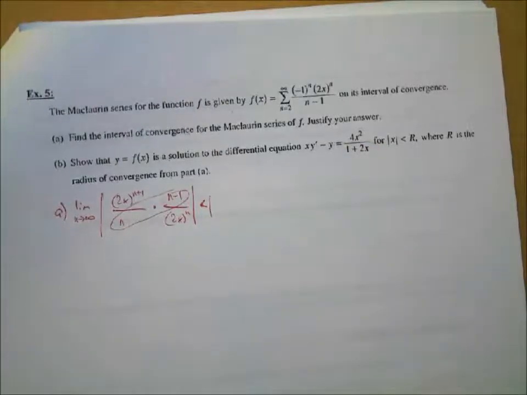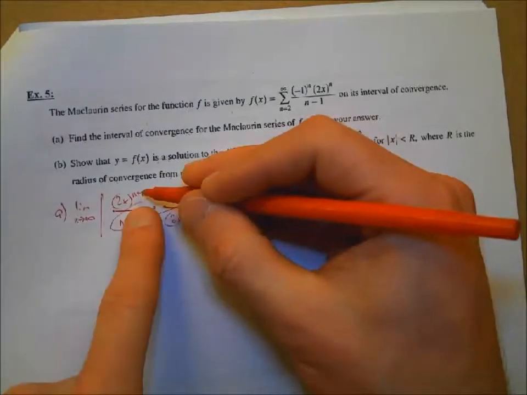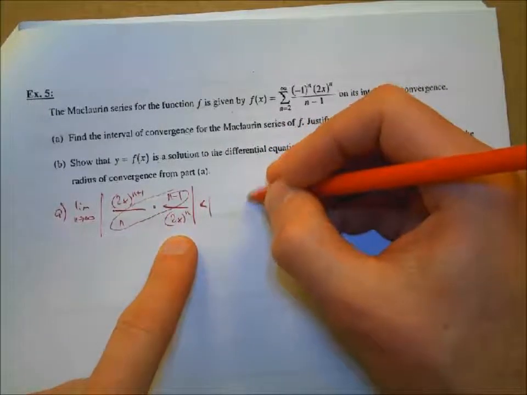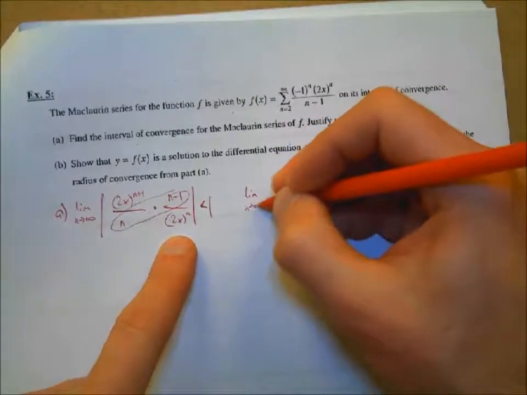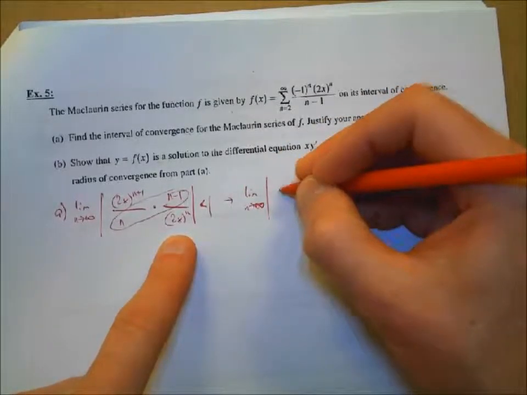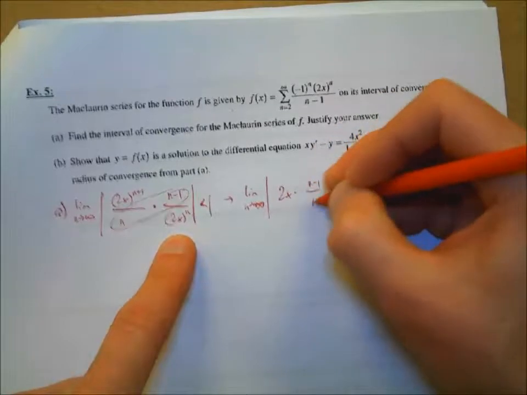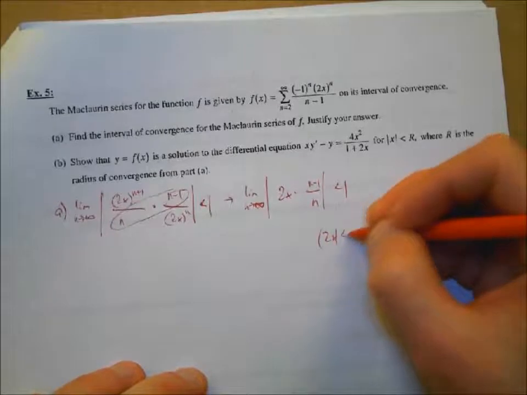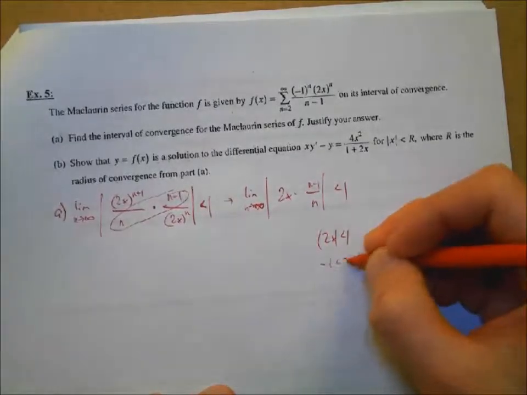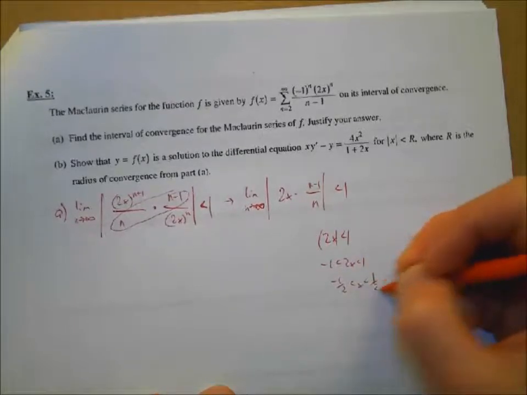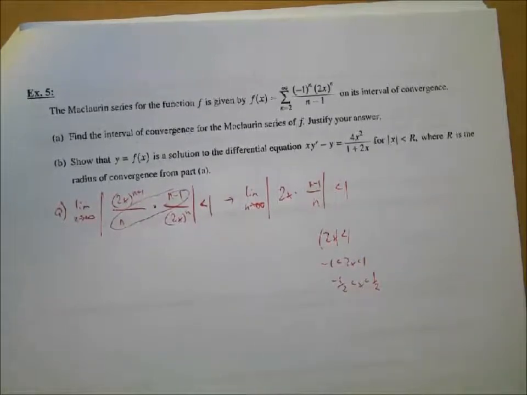They will go to 1, and then we'll have 2x to the n plus 1 over 2x to the n. That just becomes 2x, right? So we're going to have 2x times n minus 1 over n. And again, we want to know when that's less than 1. So really, it's just going to be then the absolute value of 2x is less than 1, so negative 1 less than 2x less than 1, so negative 1/2 less than x less than 1/2.